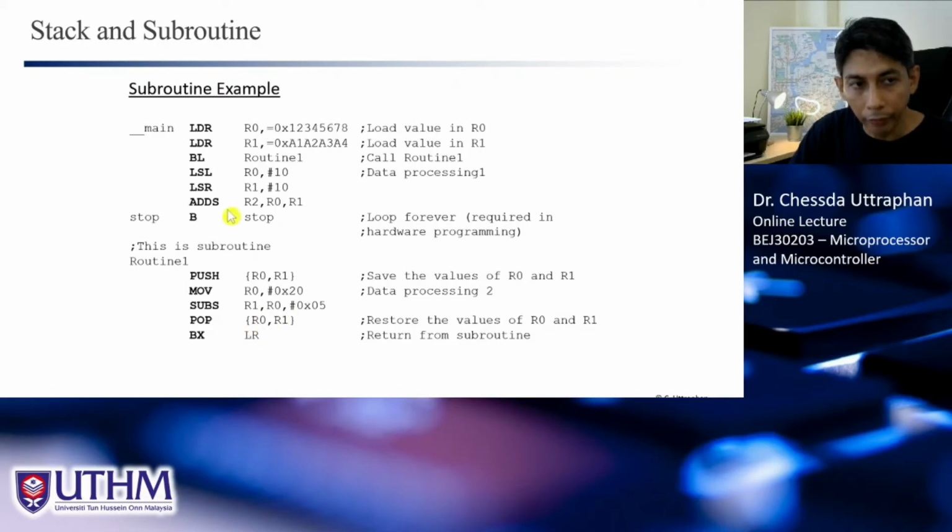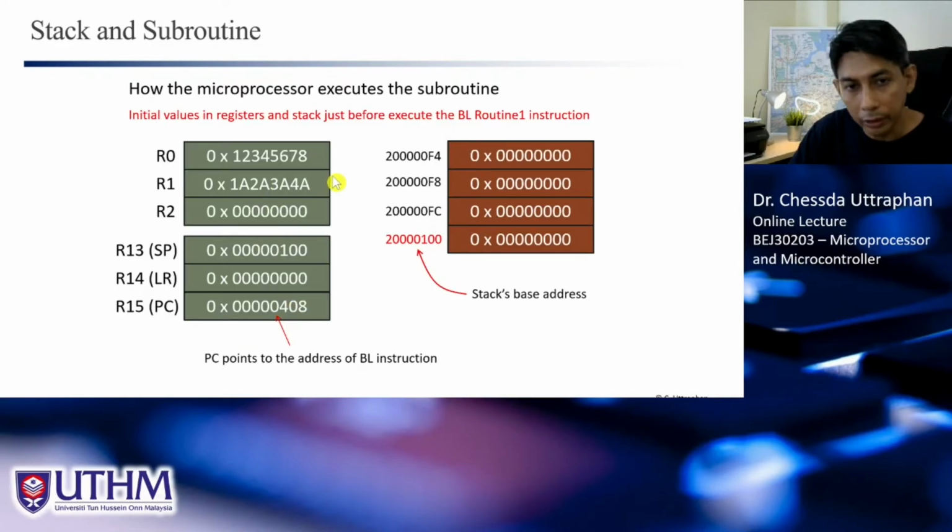So when you execute the subroutine, it means that you need to go back to the instruction after you call the subroutine. The address of the instruction to be executed next after the subroutine is stored in LR, the link register.